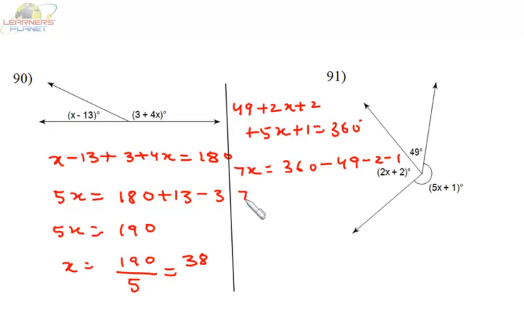So 7x is equal to 360 minus 52, that is 308. So x is equal to 44.